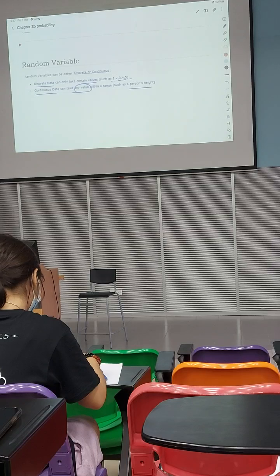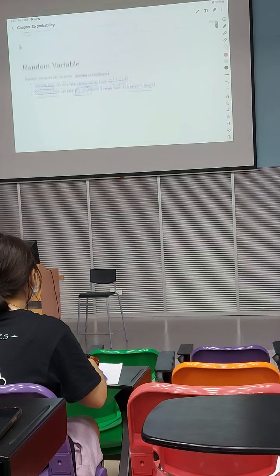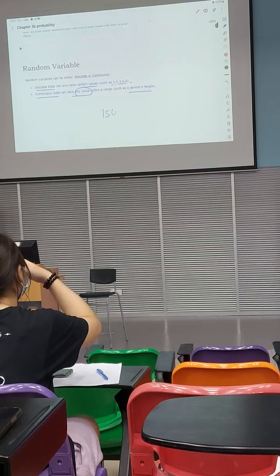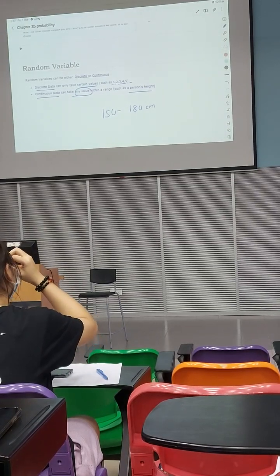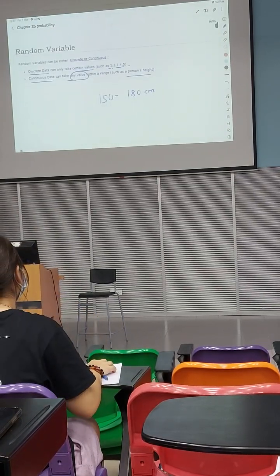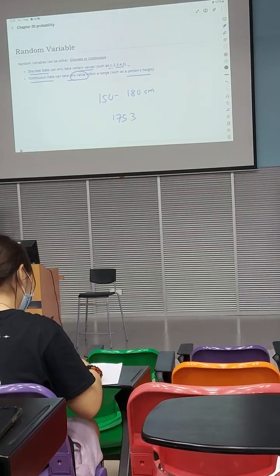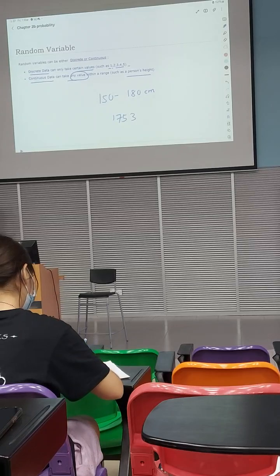We can say a person's height is on average from 150 to 180 cm, for example. For one of the students, you may get a measurement of 175.3. Any value within a range is called continuous data.